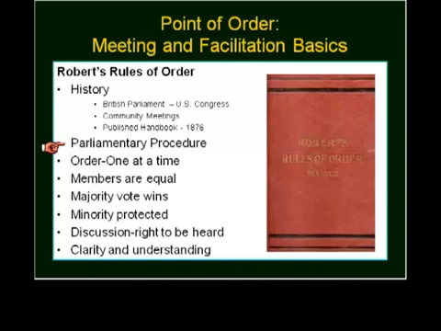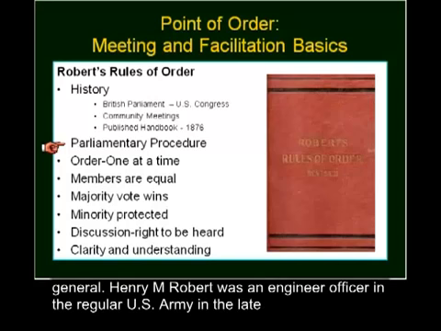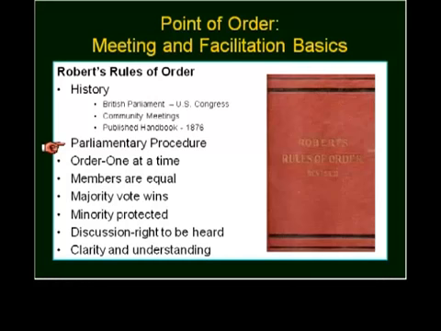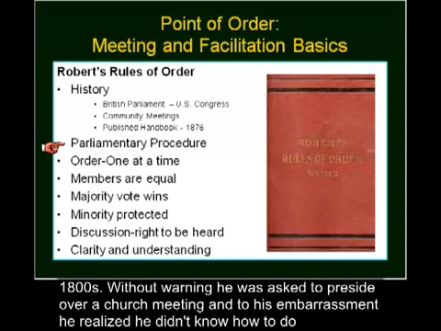Henry Martin Robert was an engineer officer in the regular U.S. Army in the late 1800s. Without warning, he was asked to preside over a church meeting, and to his embarrassment, he realized he didn't know how to do it.